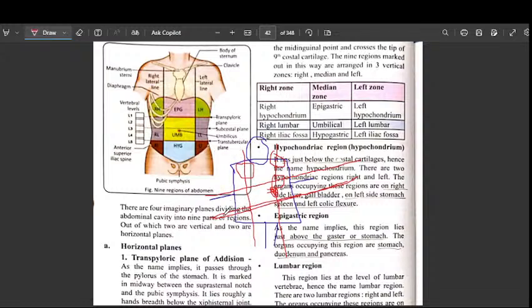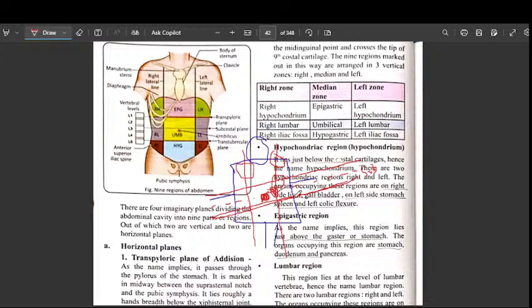Now in the middle of the line, an imaginary line is also passed, which indicates the pre-attachment of the umbilical cord. So here is the attachment of the umbilical cord and that is called umbilicus, and the line is called subcostal line.